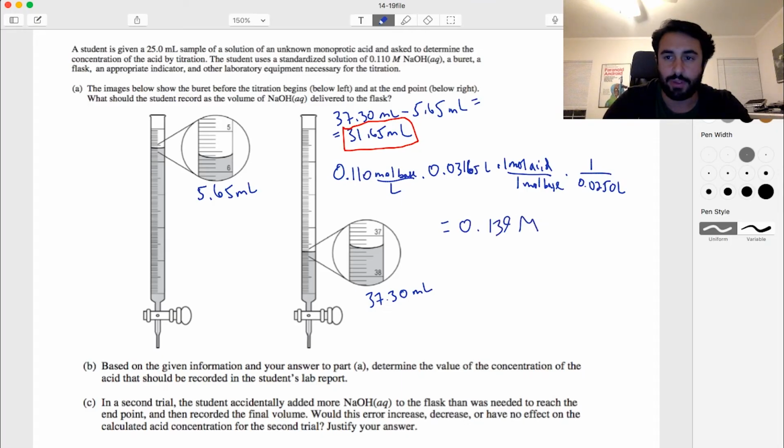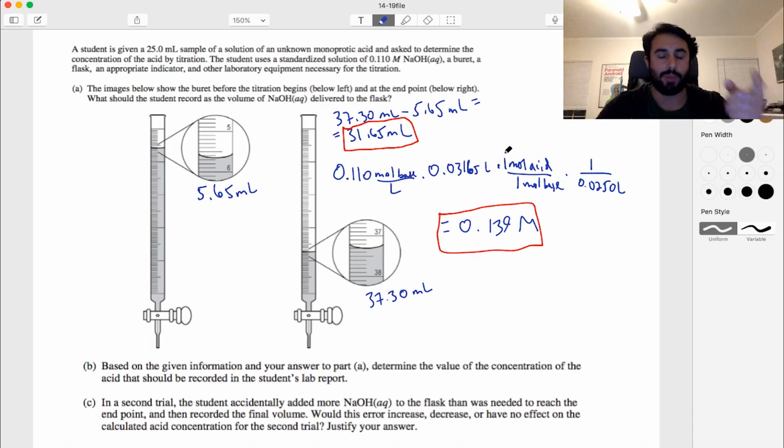That is the concentration of the unknown monoprotic acid. So we took our concentration of base, multiplied by the volume to get the moles of base, acknowledged that because the acid is monoprotic, when it's precisely neutralized, however many moles of base we added, that's how many moles of acid were in there, and then divided by the initial volume of the acid to get the concentration of the acid.